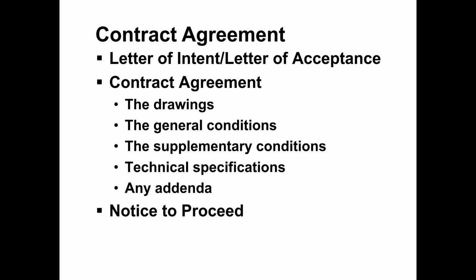So once they have signed the contract, the owner or his consultant will issue the notice to proceed. Notice to proceed means the winning contractor will come and occupy the site and start construction, or some time is given, maybe 2 weeks in the notice to proceed.